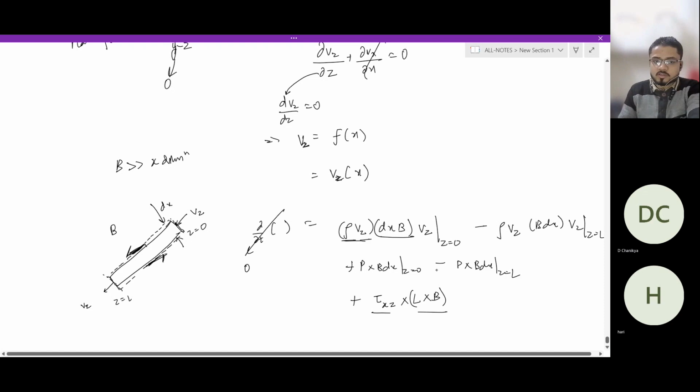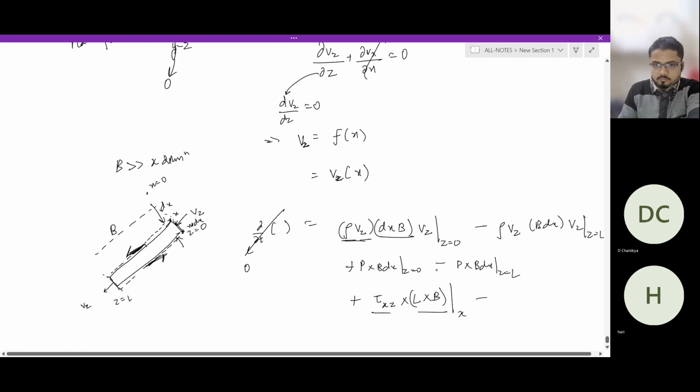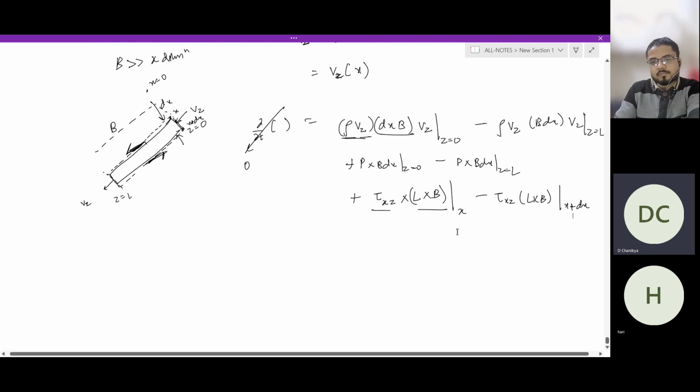This is the force at this coordinate, since x equals 0 was here, and this is x, and this is x plus dx. So this coordinate is x, and here you have the fluid. And minus tau xz times L cross b at x plus dx.